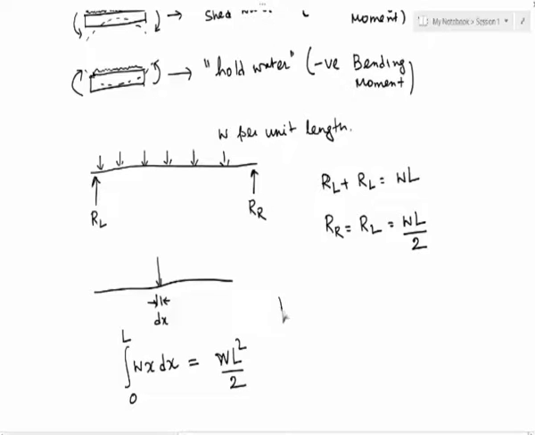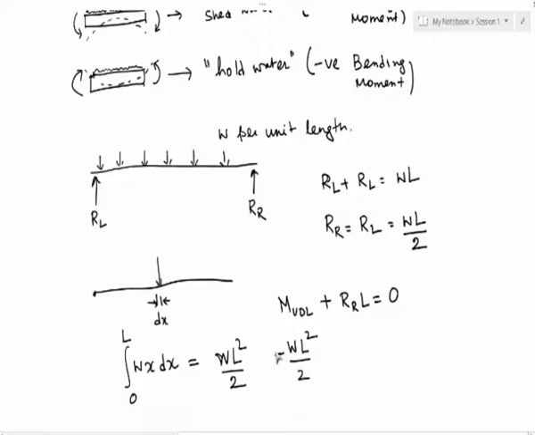So what you want is, if I calculate moments about this left support, the moment due to the UDL plus the moment due to the reaction force, which is RR times L, should be 0, which means the moment due to UDL we have already computed as WL square by 2, but it is in the opposite direction as the moment due to RR.